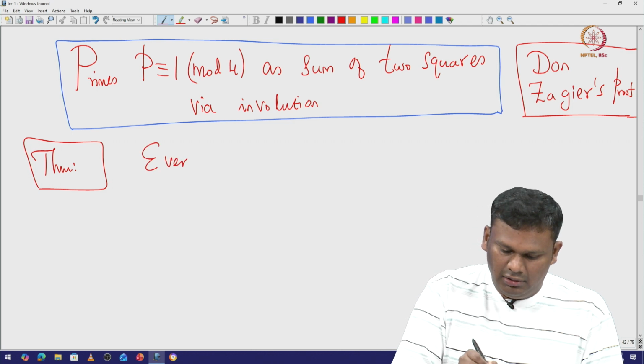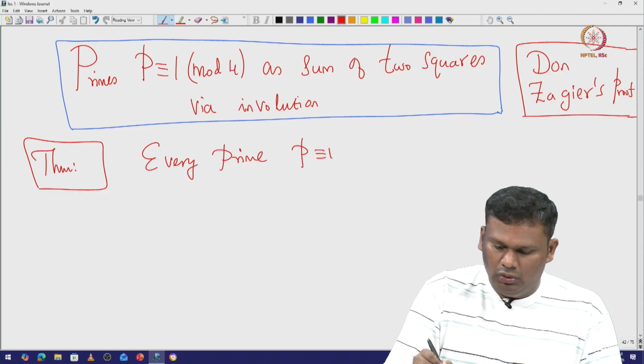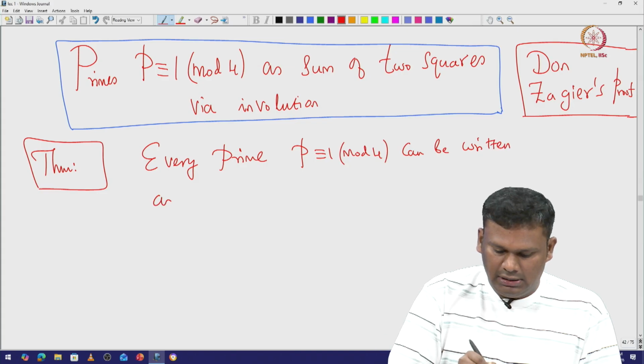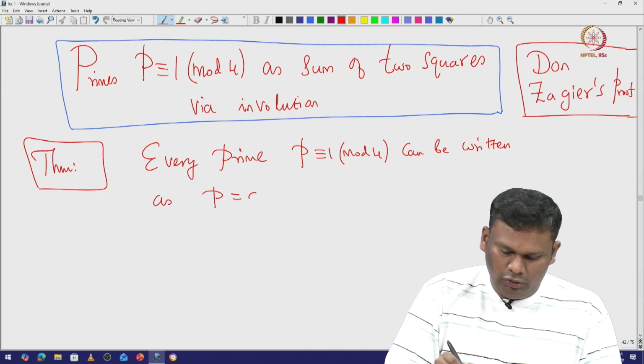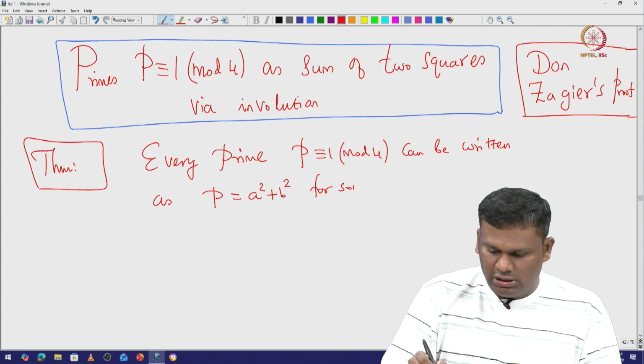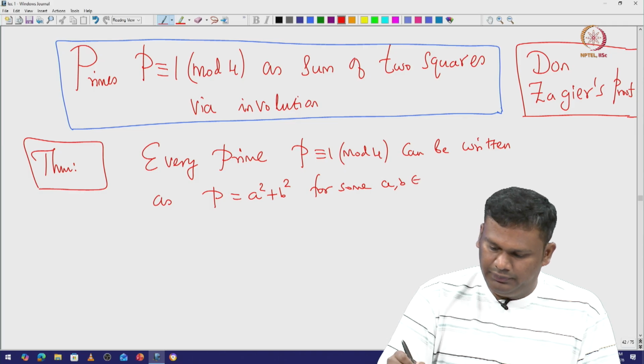Every prime P congruent to 1 modulo 4 can be written as P equals A squared plus B squared for some natural numbers A and B.